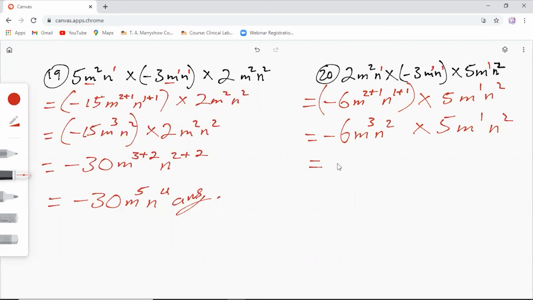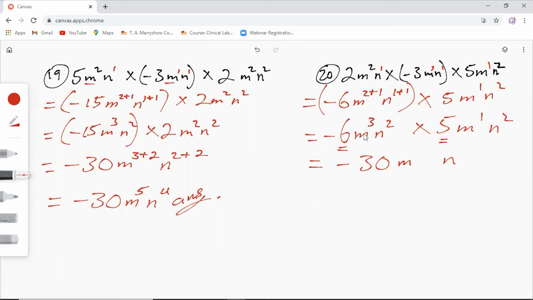Right, basically what we have to do here is multiply the coefficients. Negative 6 times positive 5 would give us negative 30, and then we put back the bases m and n, and we add the powers.